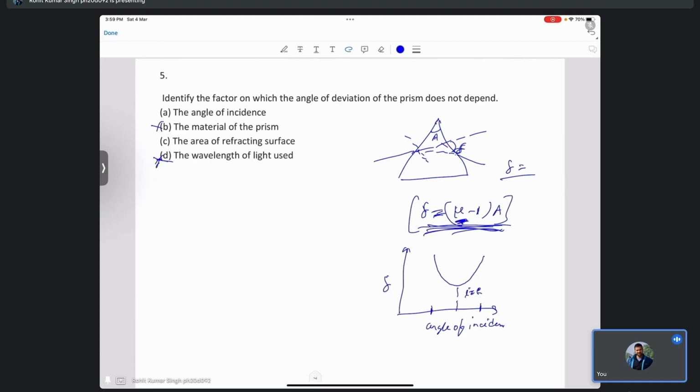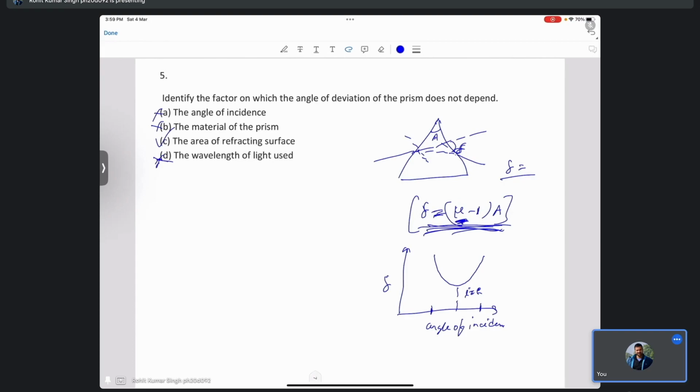So this way delta depends on the angle of incidence. Okay? And so this one is also not true. So the correct option is C. The area of refracting surface does not impact the angle of deviation in any way.